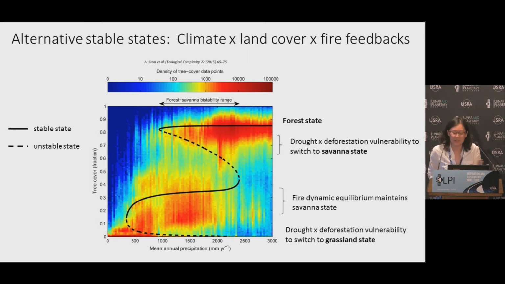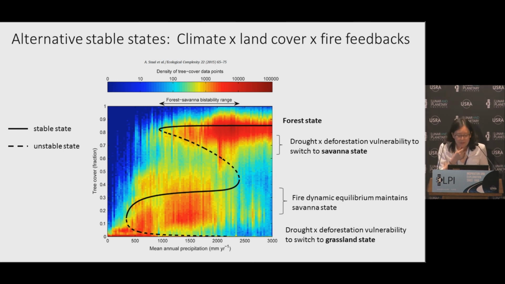Okay, so there are other things that can happen: ecological dynamics interacting with climate changes. You could have alternative stable states for a given climate just because of little variations and, say, a disturbance. In this example, the black line on top is a stable forest state, but if it starts to experience drought, it becomes vulnerable, say, to deforestation or fire that could switch it to a savanna state where there are more grasses.